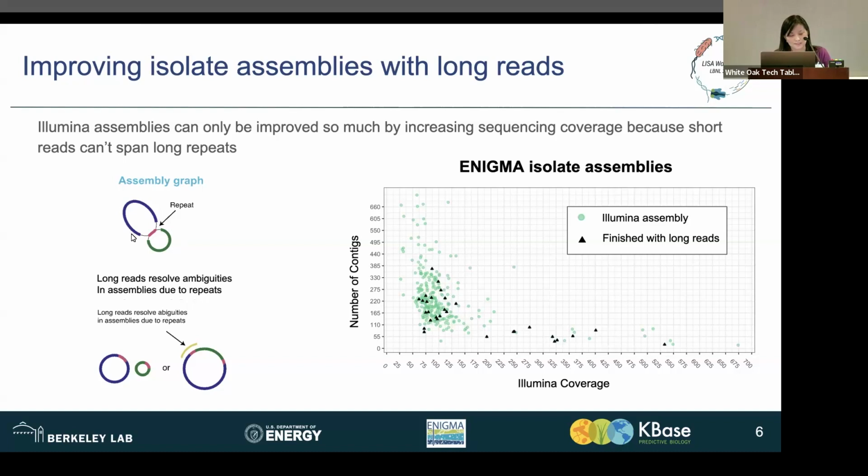So this assembly graph actually represents two different possibilities. You can go around once, the blue and the pink here, or once with the blue and the green, or you can traverse it twice and get one big genome with 2 repeats in it. So if you actually have a long read that spans the repeat and it has both part of the blue and part of the green, then you know that it has to be the second choice. So that's how long reads help with assemblies.